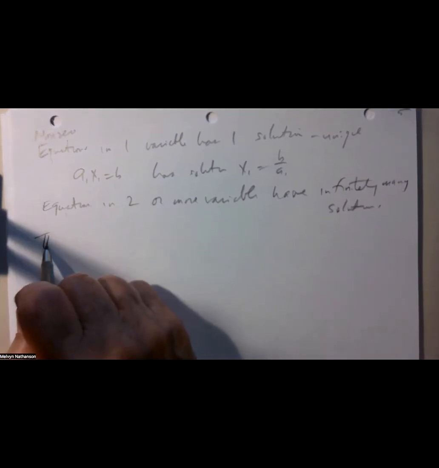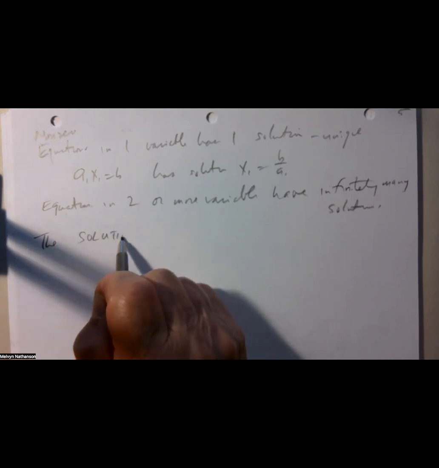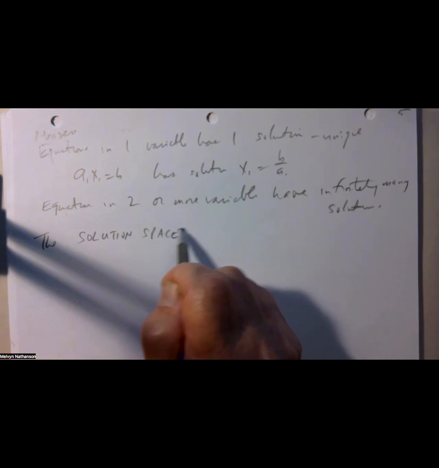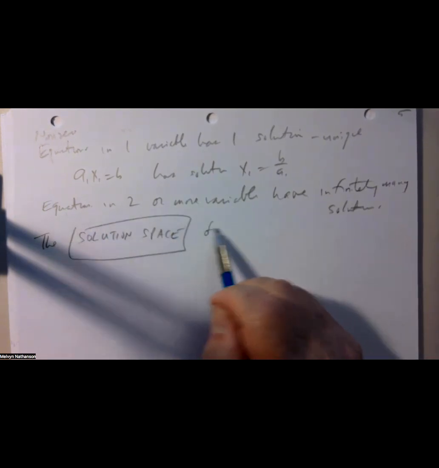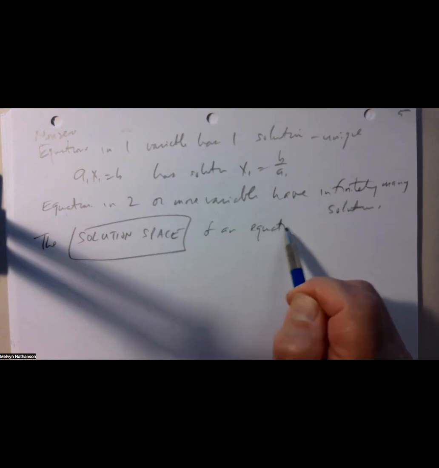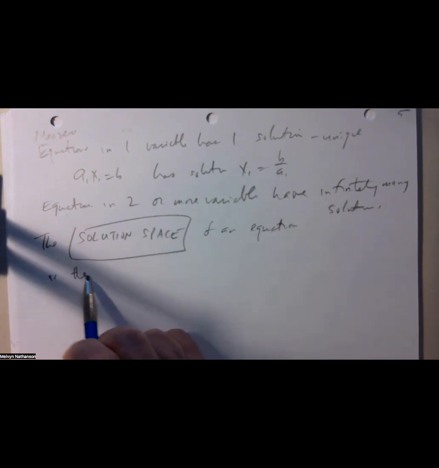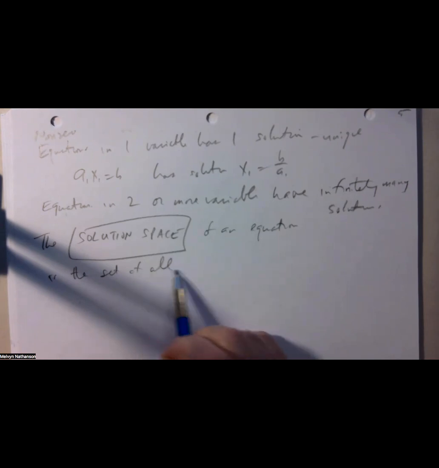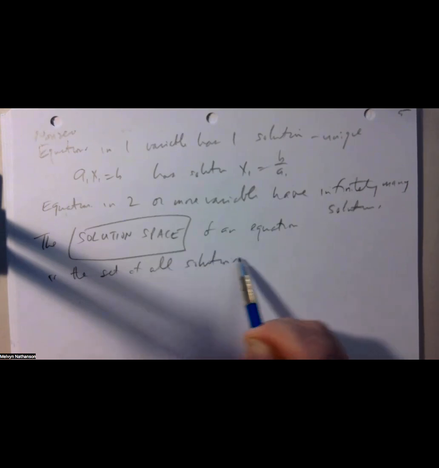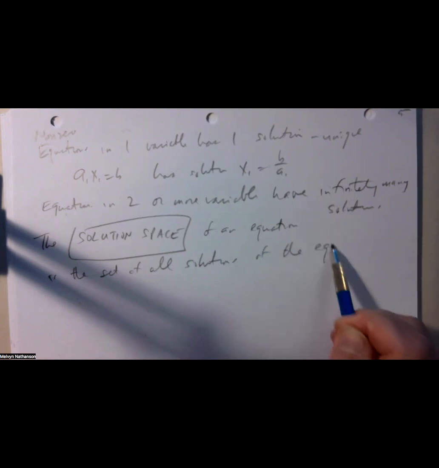And what is called the solution space of an equation is the set of all solutions of the equation. So for example, suppose we have the equation 4x plus 7y equals 5.